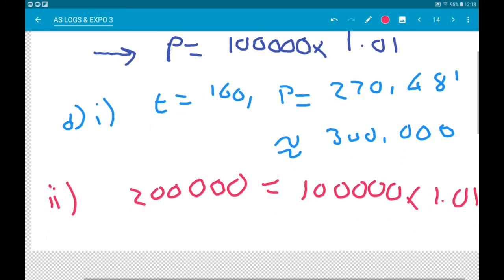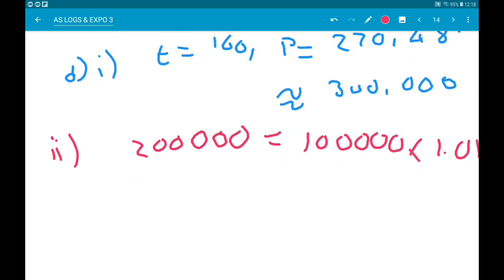Now we can make that a lot nicer by dividing through by 100,000 and we get 2 is 1.01 to the power t.